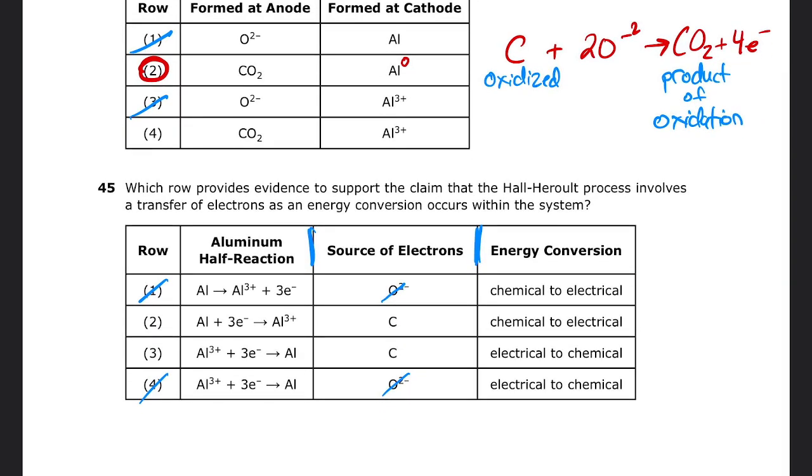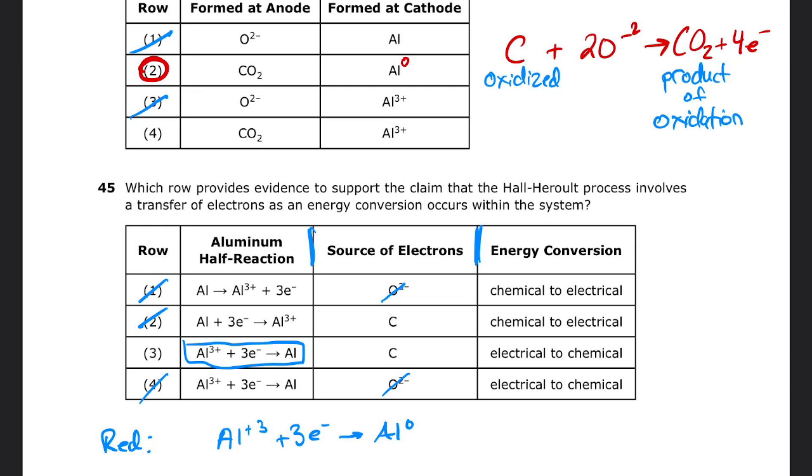In the last question, we figured out that the Al+3 is what gets reduced because we have Al+3 plus 3 electrons forming Al0. So if this is our reduction reaction, that's the aluminum half reaction, that is corresponding with this equation. So we can eliminate choice 2.